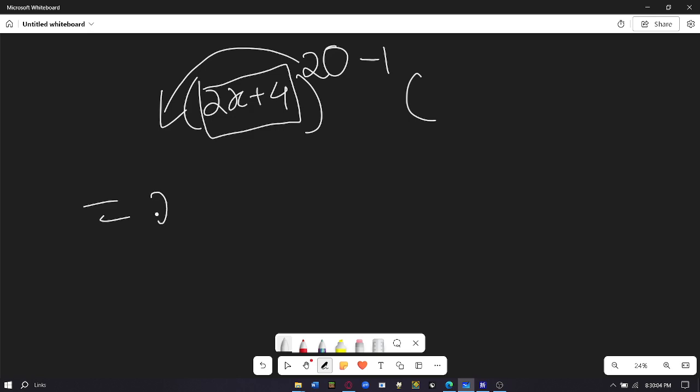So here, let's say we got 20, then 2x plus 4 to the power of 19. This is being multiplied by the differentiative value inside, which is just 2.